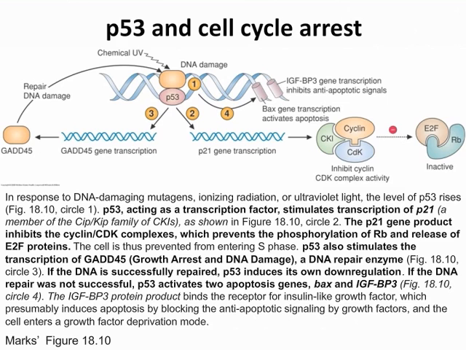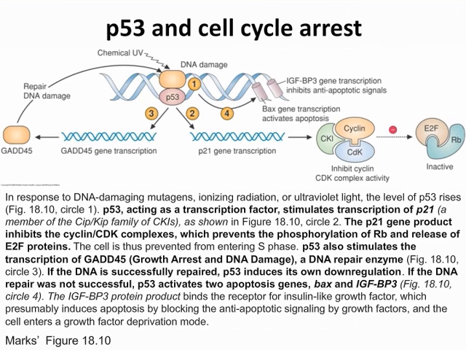That P21 gene product is going to inhibit the cyclin CDK complex. And if the cyclin CDK complex is inhibited, then there's nothing that can phosphorylate the RB gene. And if nothing phosphorylates that RB gene, then you can't release the E2F protein, which is needed for transcription. So you prevent the cell from entering the S phase.